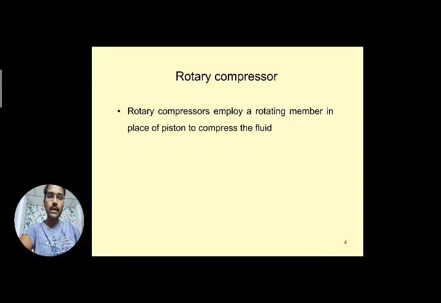Similarly, a rotary compressor utilizes a rotating member in place of the reciprocating piston, and that rotating member compresses the fluid within the suction. That type of case you can consider a rotary compressor.